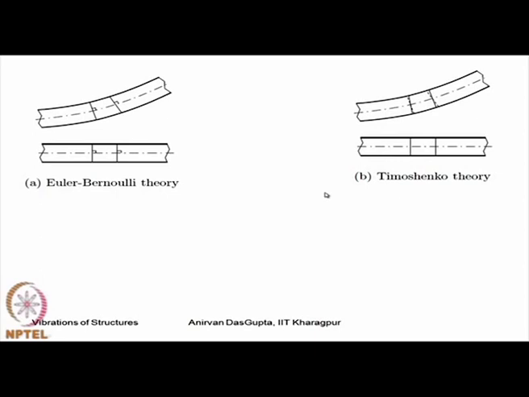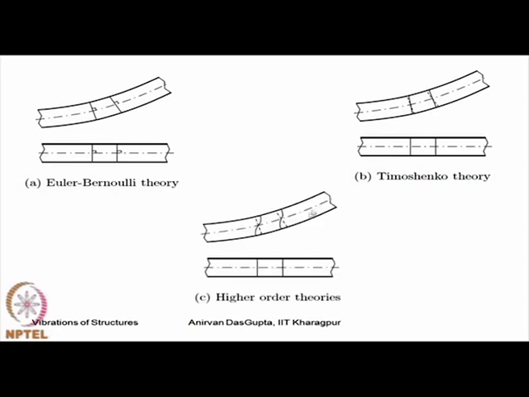Now, you can then think of higher order theories in which plane section need not at all remain plane. So, there is warping of the cross section. So, if you want to have higher order theories for the deflection of beams or vibration of beams, then you have to relax this flatness condition of the cross section.